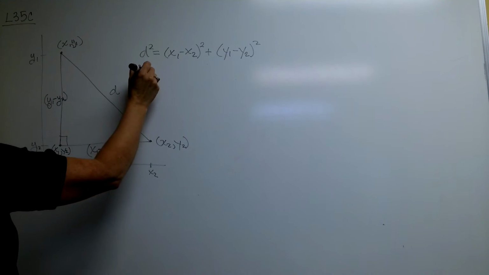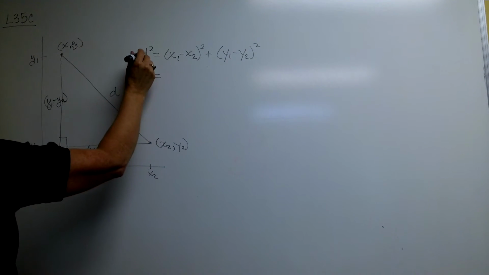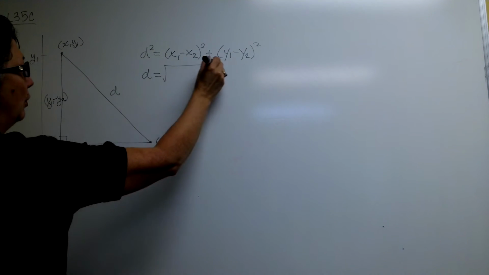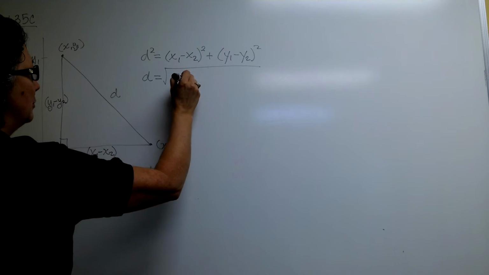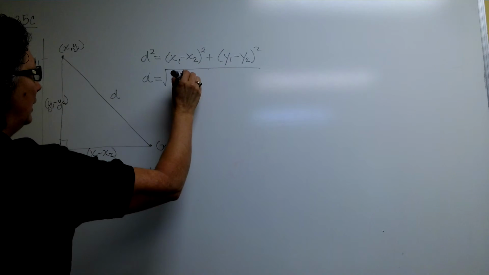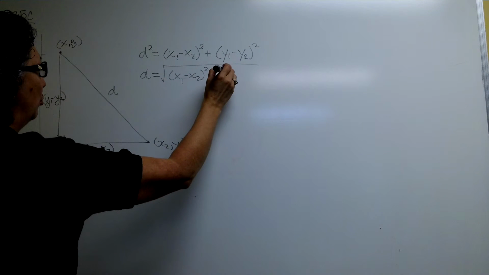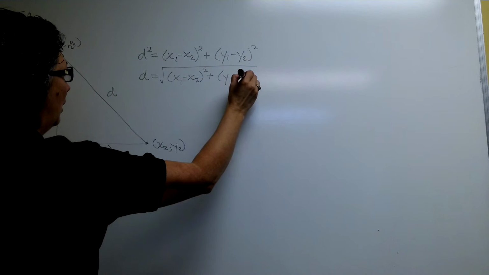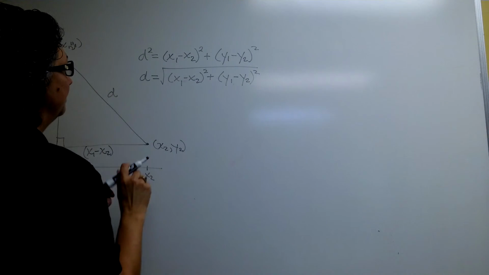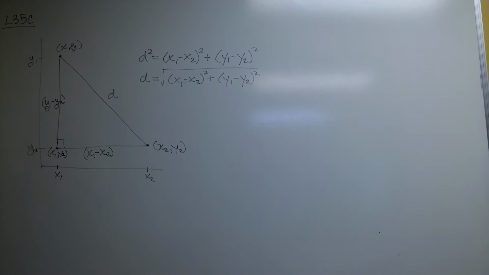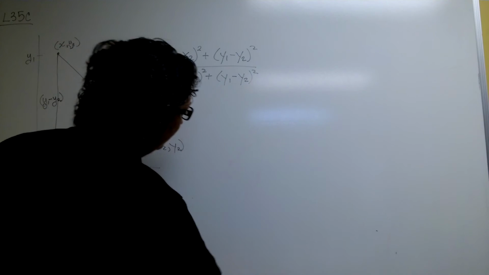So that means if I take the square root of both sides, then d has to be the square root of x1 minus x2 squared plus y1 minus y2 squared. And this is known as the distance formula.